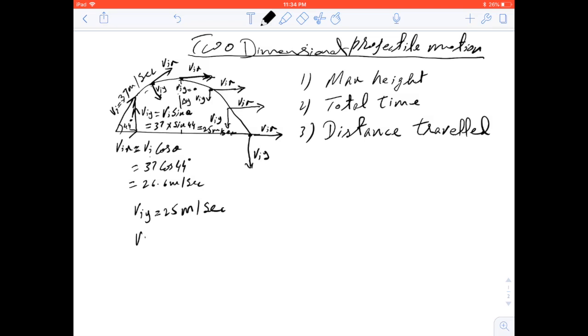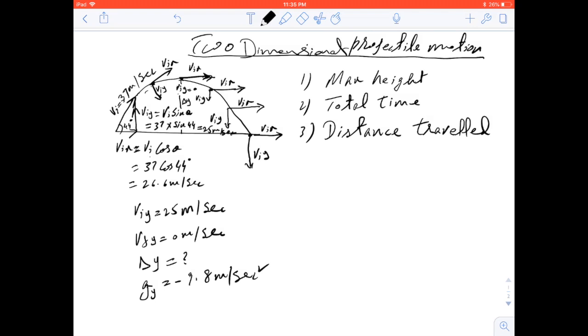The final velocity of the y component is 0 meters per second. Delta y we need to calculate, and acceleration due to gravity, g, is negative 9.8 meters per second squared.